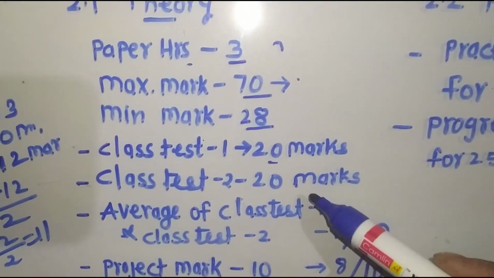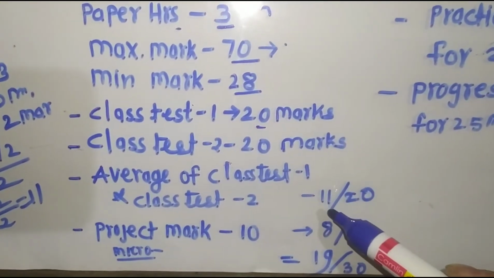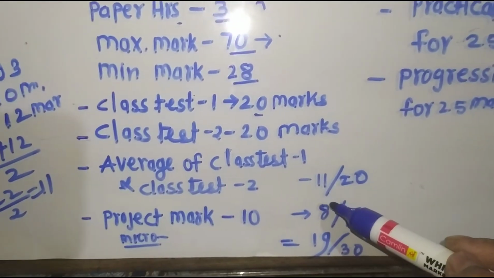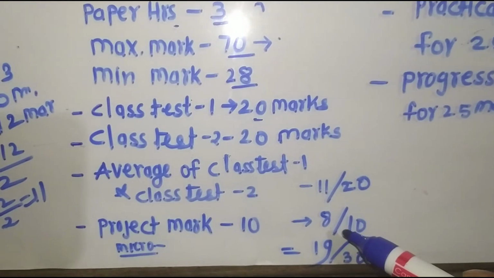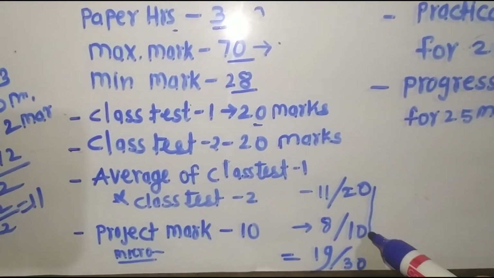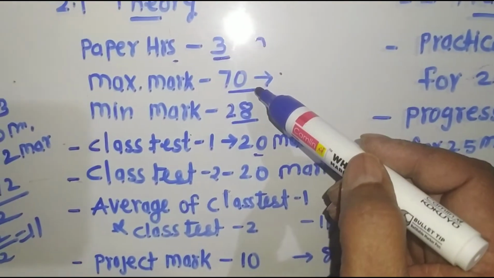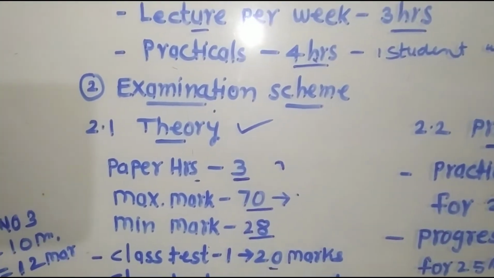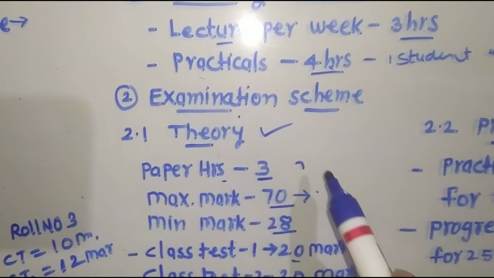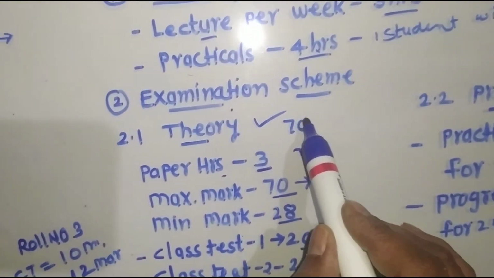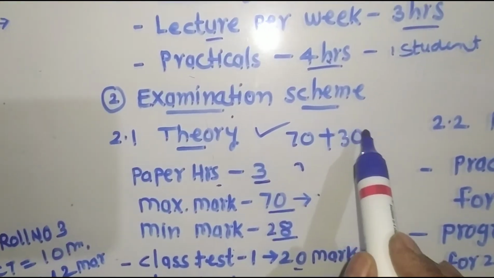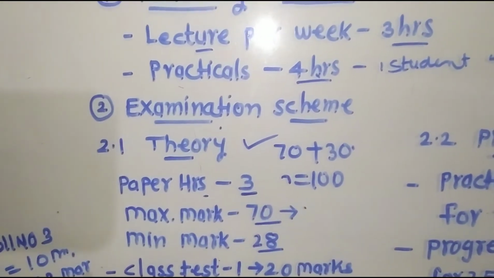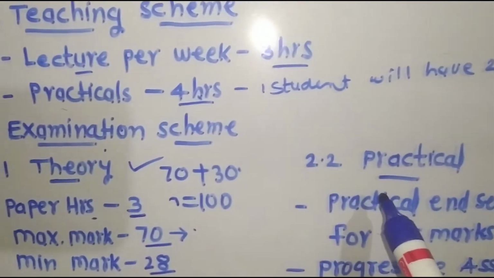This is of 30 marks and this is of 70 marks. This is completely related to the theory marks, that is out of 100. That is 70 plus 30 marks of the class test and board, a total of 100 marks. That is the theory paper.